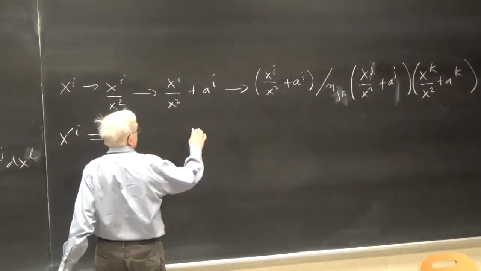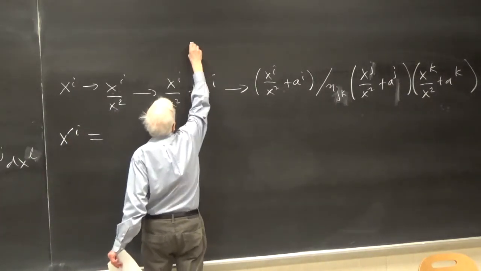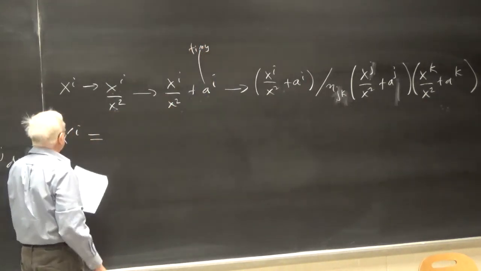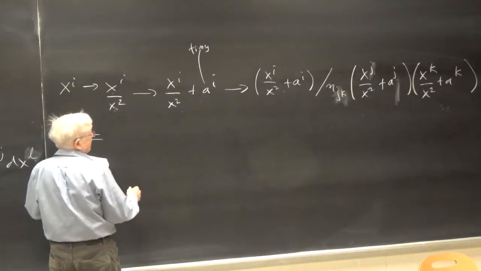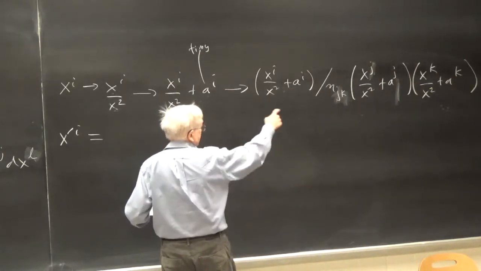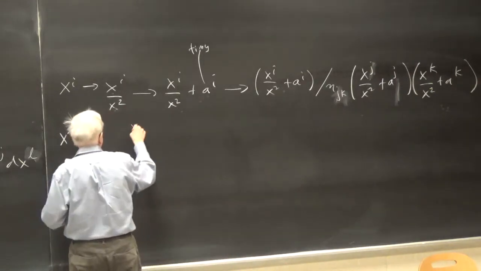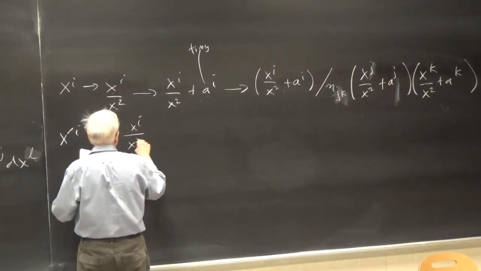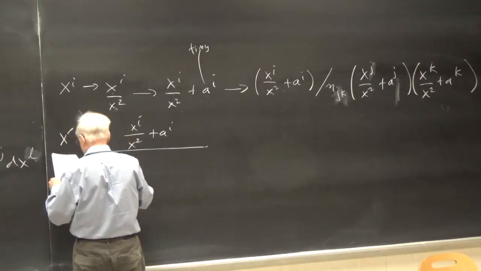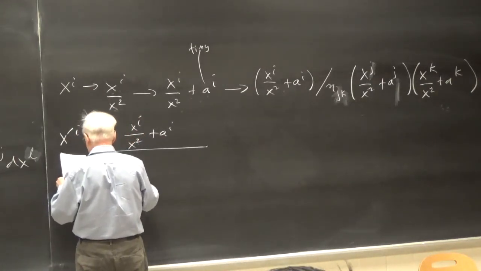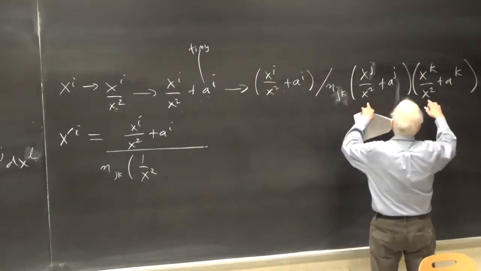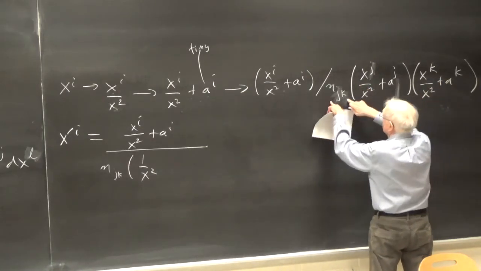So the infinitesimal case is A is tiny. If A is tiny, then x prime i is this expression here. If we just multiply out the denominator, what we have is xi over x squared plus ai divided by eta jk 1 over x squared from the product of these two terms.